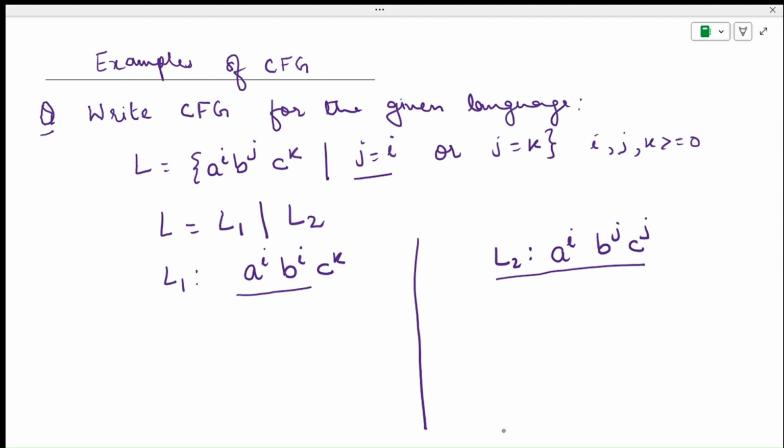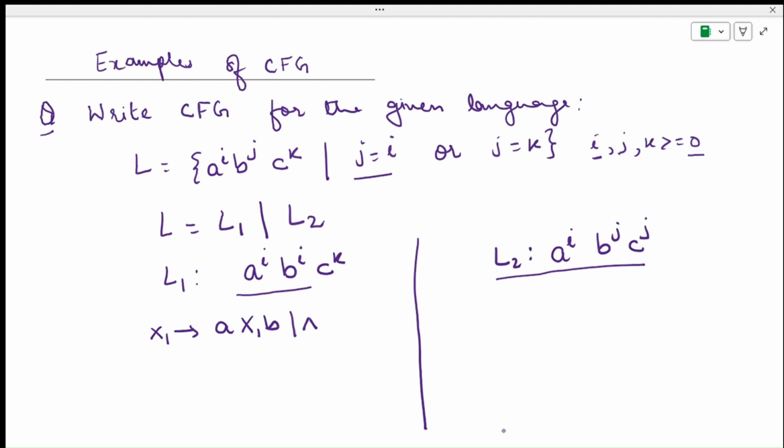Take some variable x1 that will make the number of A's and B's the same. Whenever A is there, B has to be there, or null. Why am I putting null? Because we can clearly see that i can have the smallest value, which is 0.